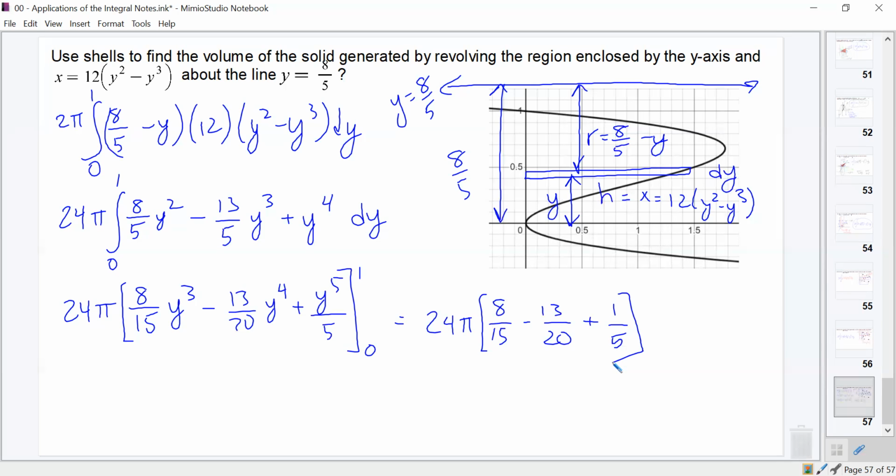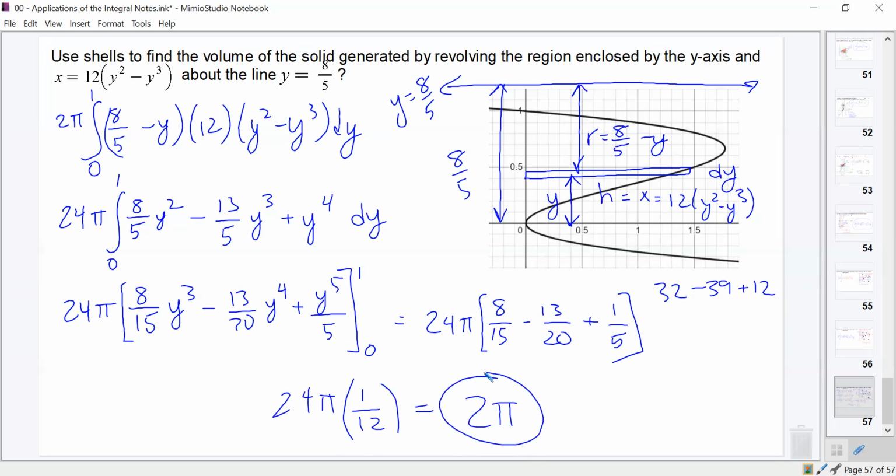So that'd be 32/60 minus 39/60, and then plus 12/60, which would be 5/60. So we got 24 pi times 5/60. 5/60 is just 1/12, and 24 pi times 1/12 would just be 2 pi, and the units cubed. And that is the end of what we're going to do with cylindrical shells.